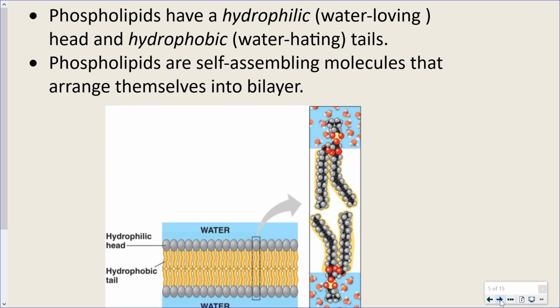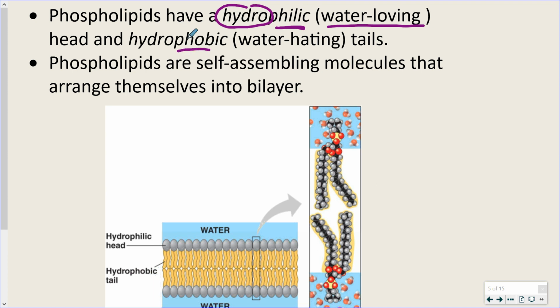So back to the phospholipids. The phospholipids are made up of two general portions. This prefix here, hydro, is just referring to water. And philic does mean water loving. So there is a portion of the phospholipids that is water loving, and that of course is going to be the portion that is exposed to the water. You have other portions of the phospholipids that are hydrophobic.